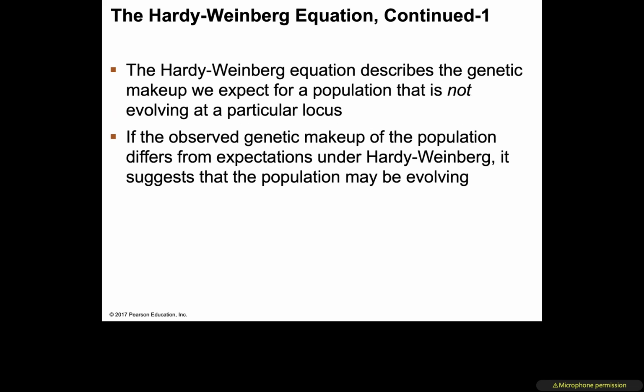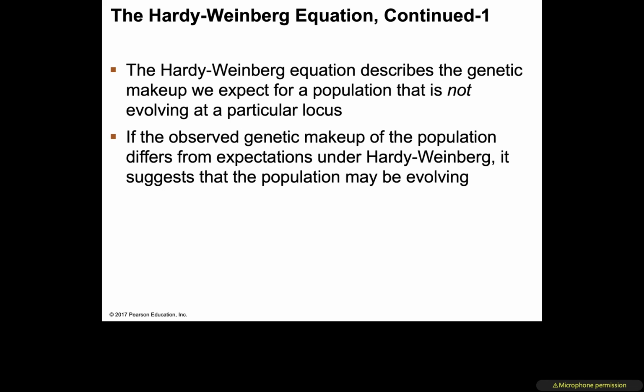And so the Hardy-Weinberg equation is going to describe the genetic makeup of a population and whether or not that population is evolving at that particular locus. So if the observed genetic makeup differs from the expectations under the Hardy-Weinberg equation, it would suggest that that population must be evolving.